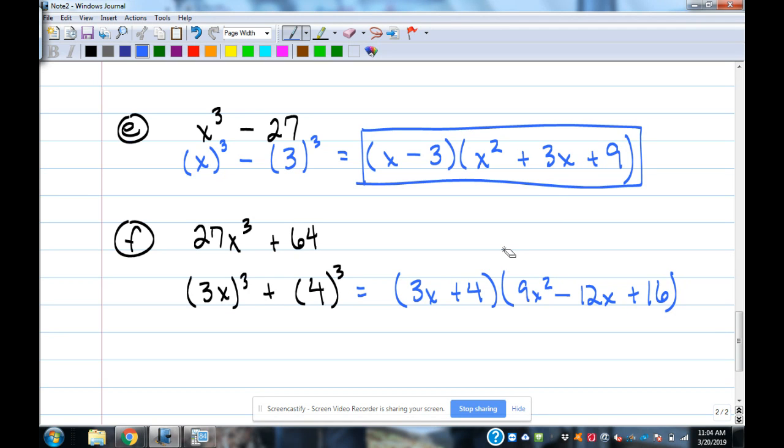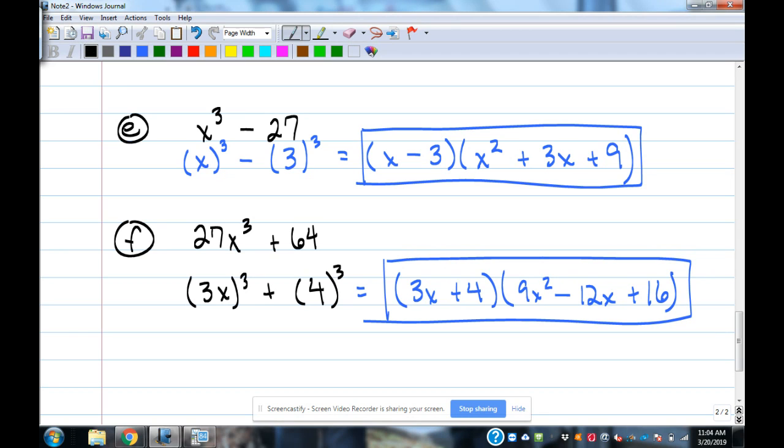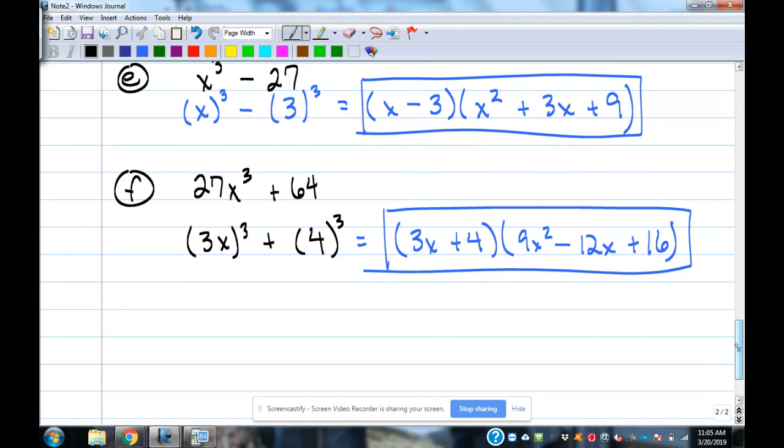Because if I use the distributive property, this 3x has to multiply to be the 27x cubed, right? So that's why the 9 has got to be there to get that 27 back. And then there's the difference or sum of cubes factoring. And again, that long factor won't factor any further. If it's a sum or a difference of cubes, the long factor will not factor further.